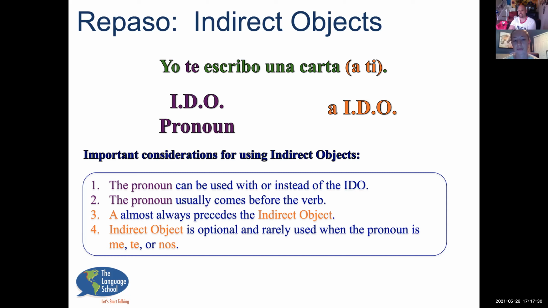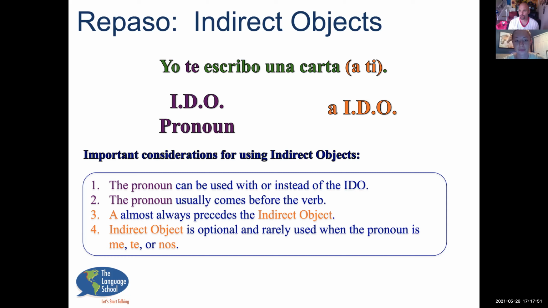In English, we would only say, I write you a letter. If you were to translate it word for word, I write you a letter to you, right? That would just sound ridiculous in English. But in Spanish, it's technically possible.